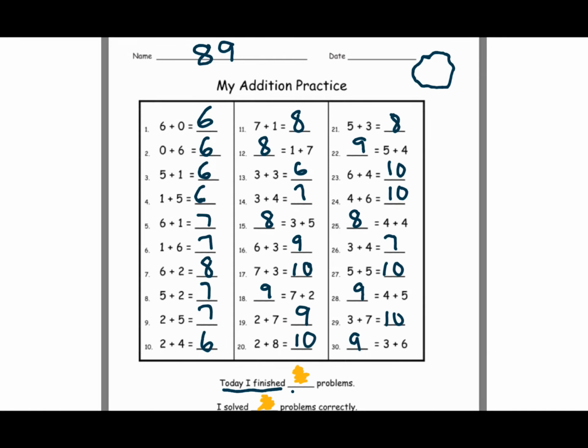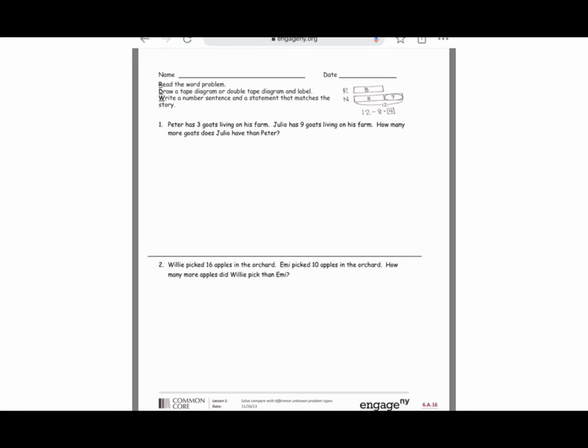Now we're going to move on to a different book. We're going to go now to Eureka Math Book A for Module 6, boys and girls. Let me tell you what page this is in your Eureka Math Book A, Module 6. This, boys and girls, is page 1.